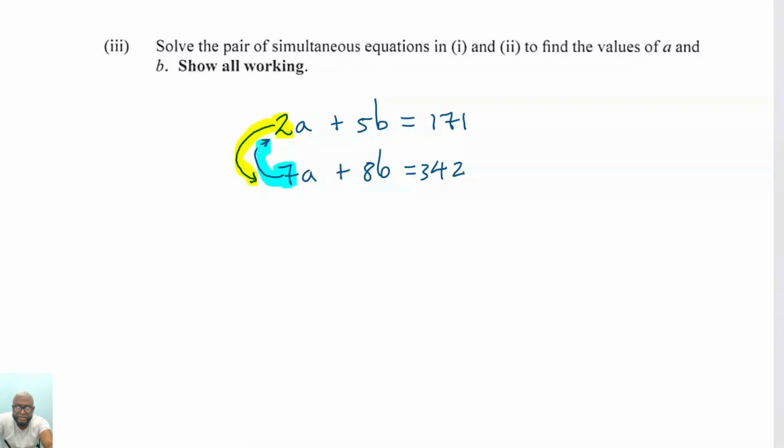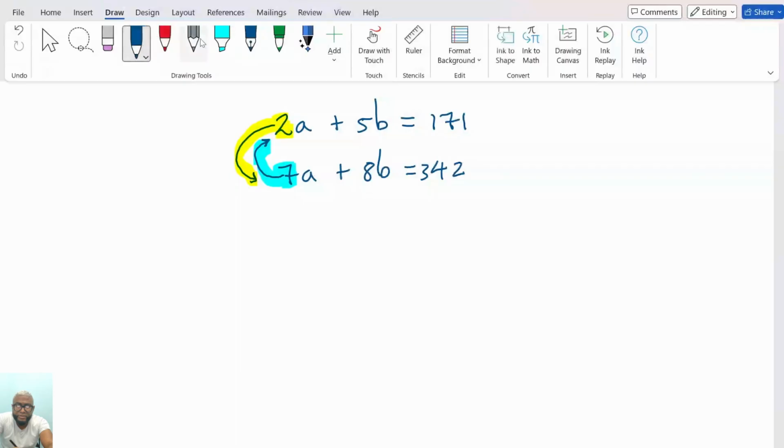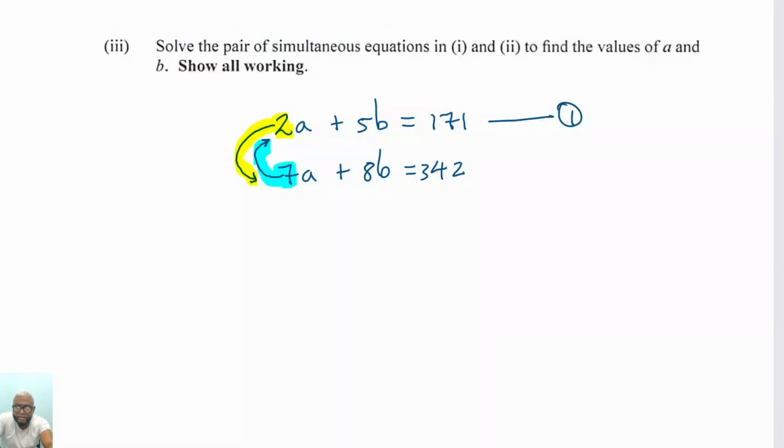By the way, this is equation 1, and this is equation 2.